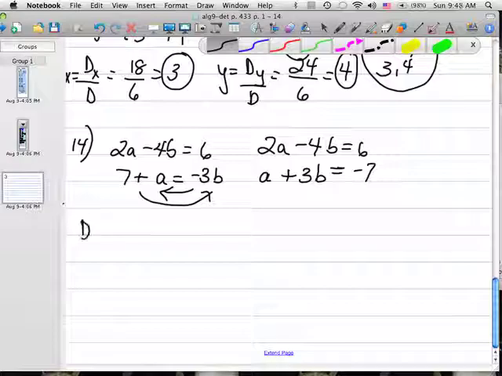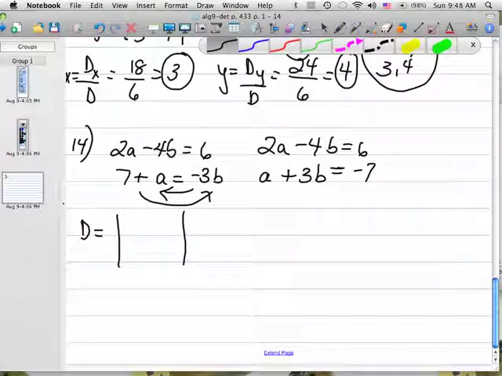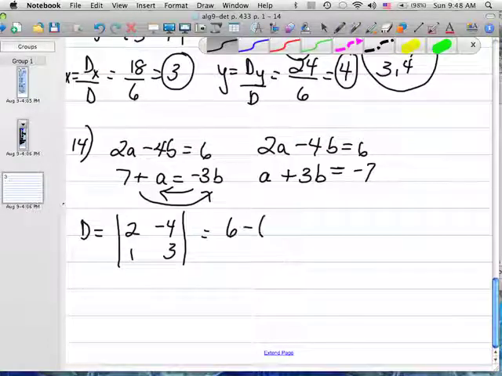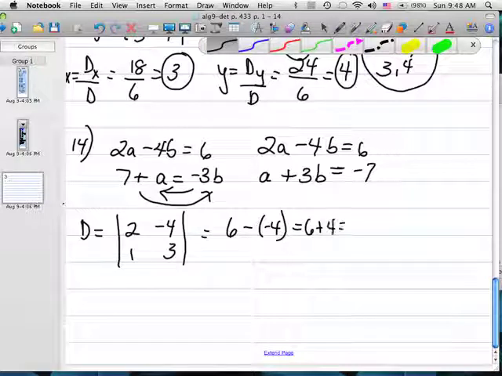So the determinant for the coefficients would be 2, 1 for the a column, and the b column would be -4, 3. So doing the multiplication, 2 times 3 is 6, minus -4 times 1, -4. So that's 6 plus 4, or 10.